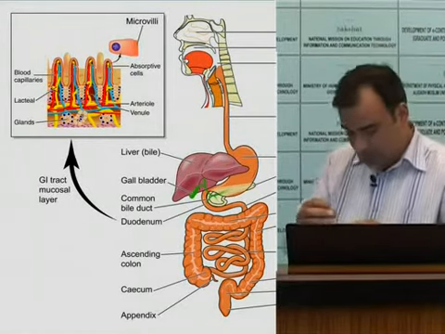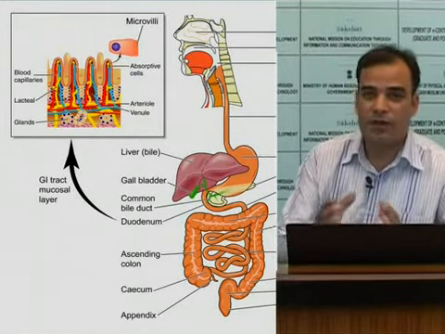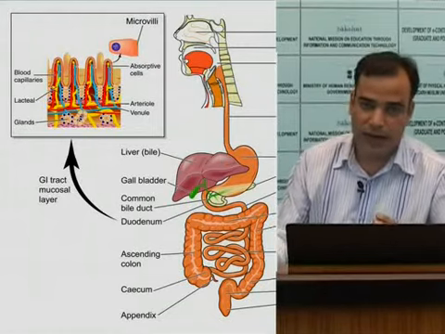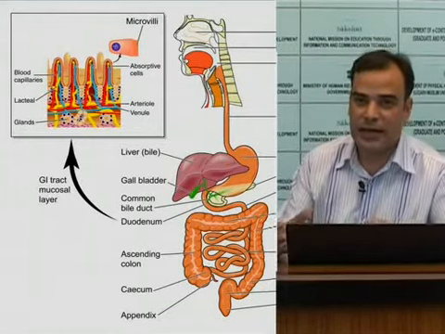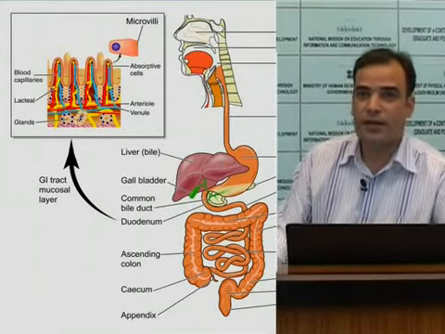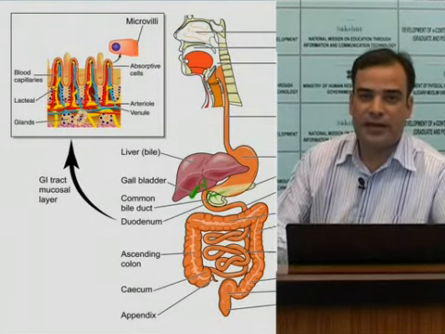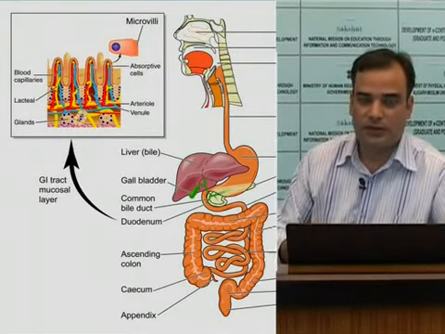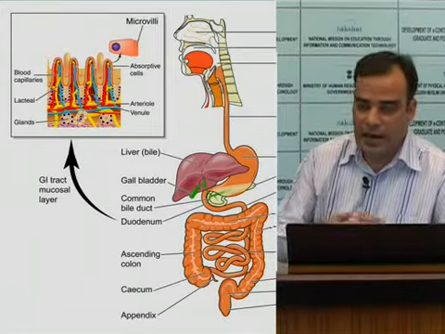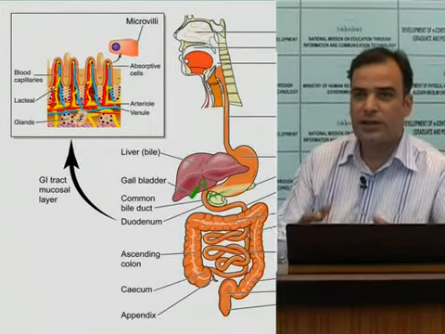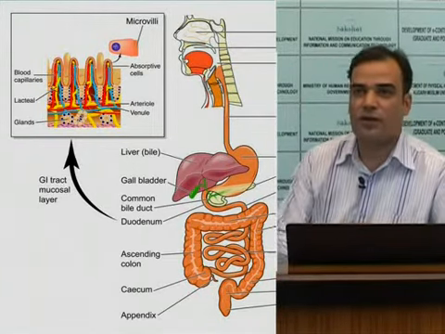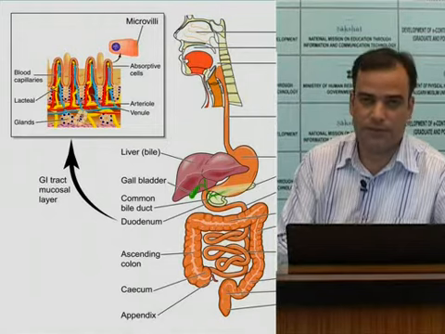However, this simple muscular tube is modified at various places. At some places, it is distended like a bag, like our stomach. At some places, its anatomy is such that it's coiled, for example our small intestines, and there are certain variations in the internal structure of the digestive system also.